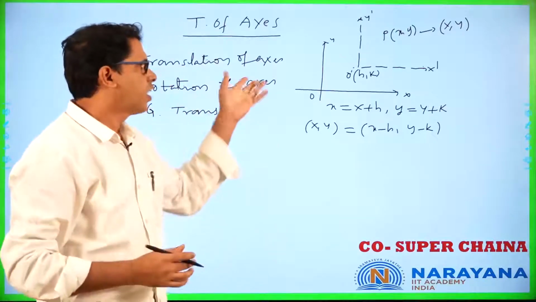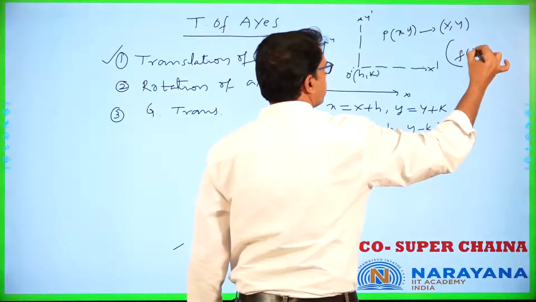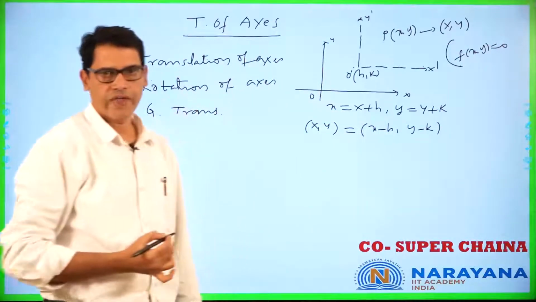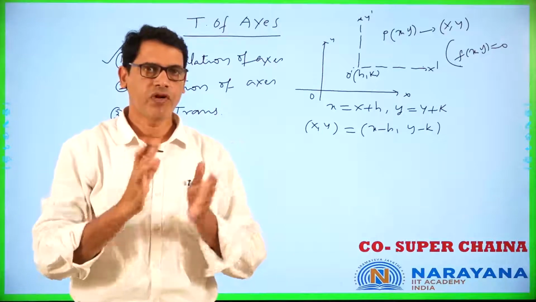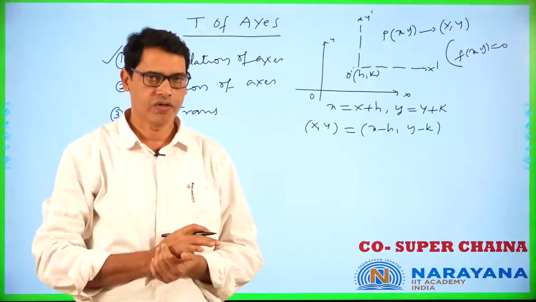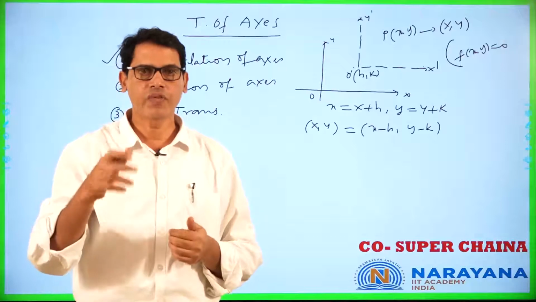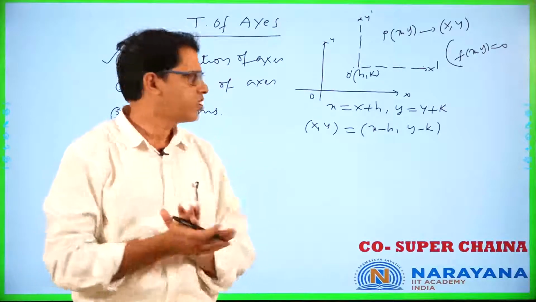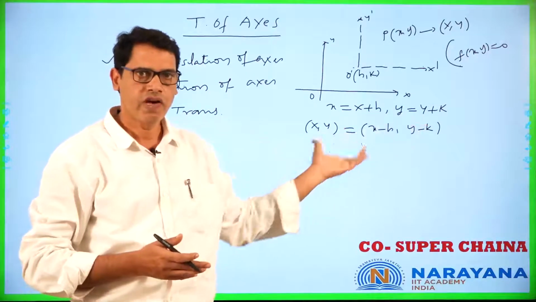Now, if any curve is there, say the equation of the curve is f of x comma y equals 0 before translation. Then after the translation, what will be the equation of the curve? Simply replace x with x plus h and y with y plus k.